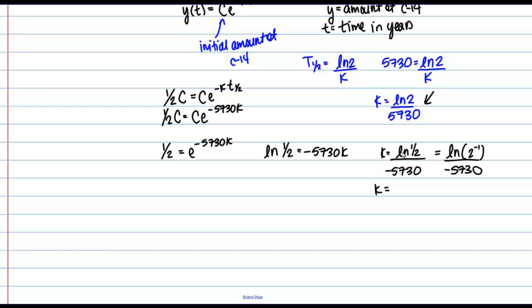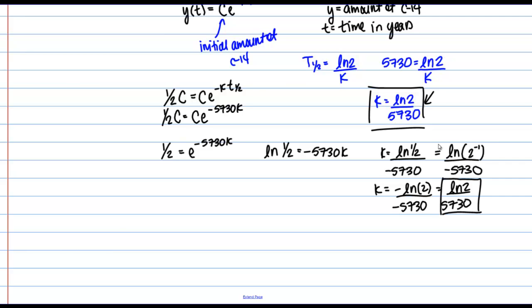Then the properties of natural logs tell me that I can bring that negative 1 out as a coefficient. So I end up with a negative natural log of 2 over negative 5,730, and then we see the equivalence, right? So I get ln 2 over 5,730. So either way you do this, whether you like to memorize formulas or whether you just like to understand the process, either way we come to the same value of k here.